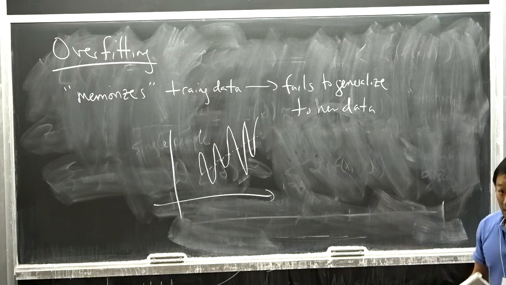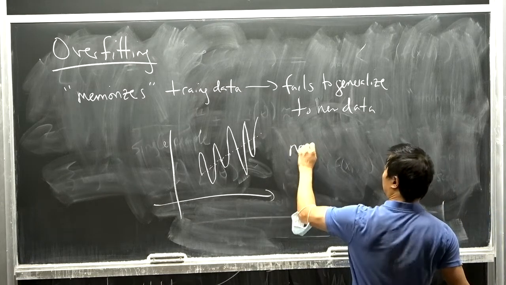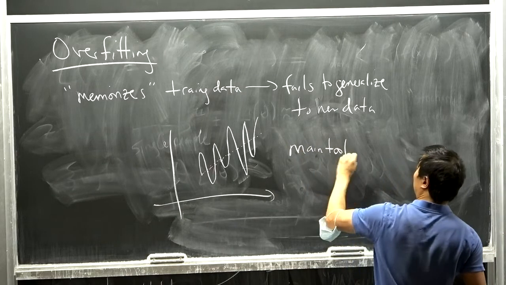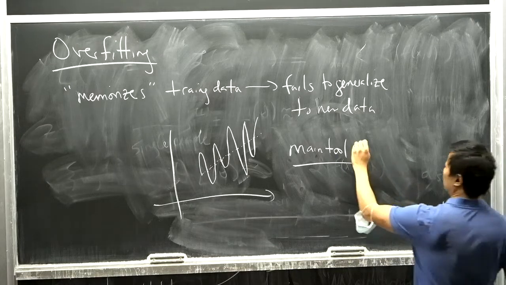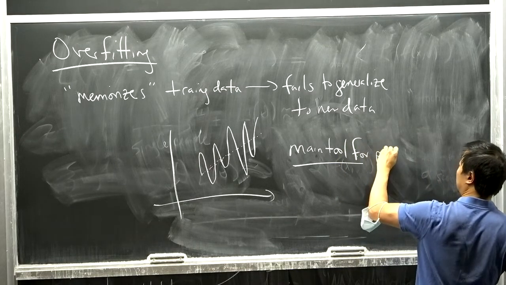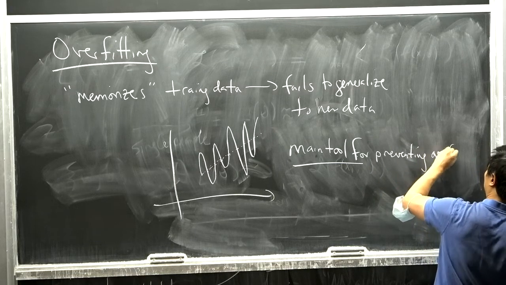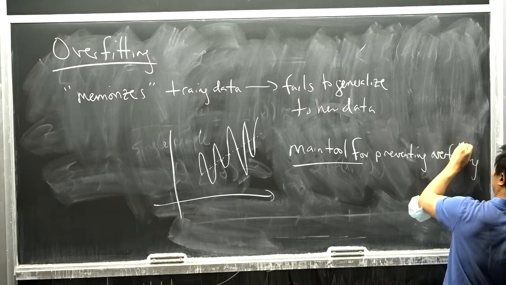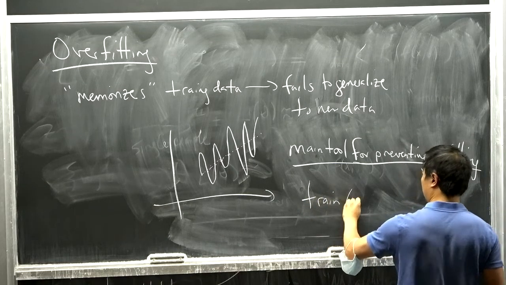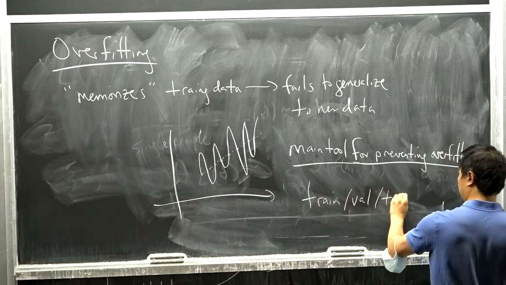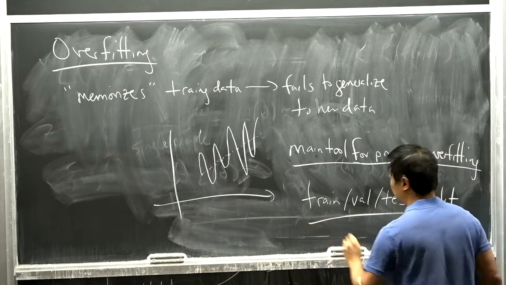So the way we diagnose this problem, the main tool for diagnosing and preventing overfitting, is something called the train-val-test split.